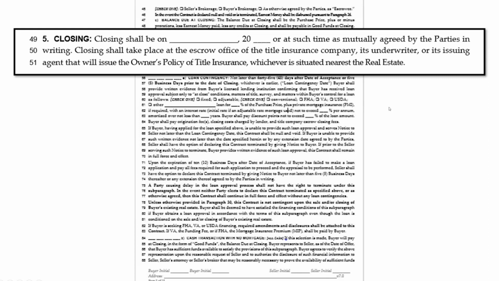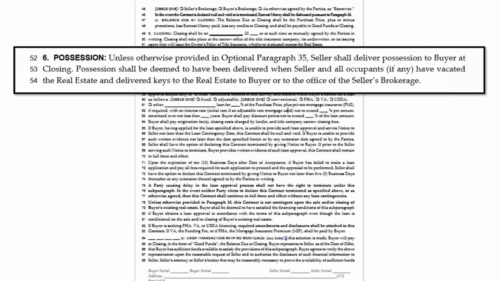We have no control over this, by the way. This is all done by the attorneys and the title companies. But it's in there to try to rein in a little bit that the attorneys aren't making us drive to downtown Chicago when the house is in Aurora. That's the attempt, okay? So the next paragraph is the possession paragraph.